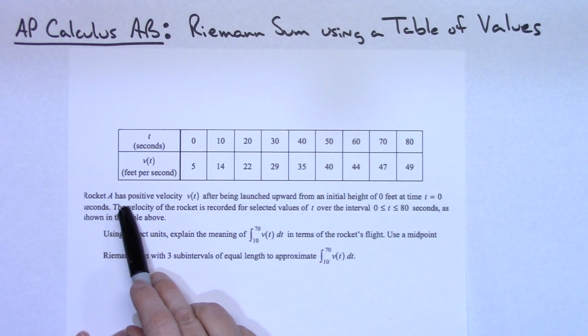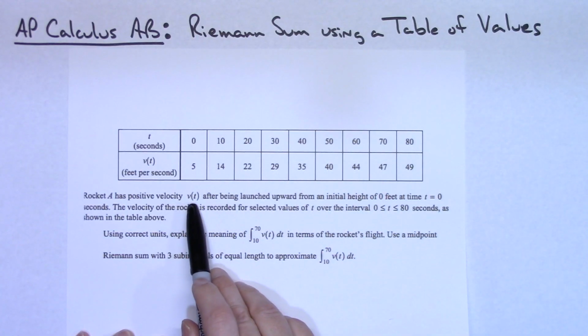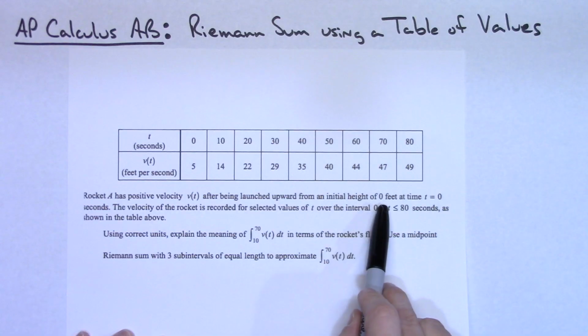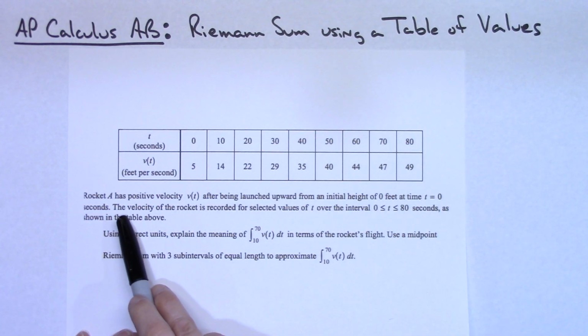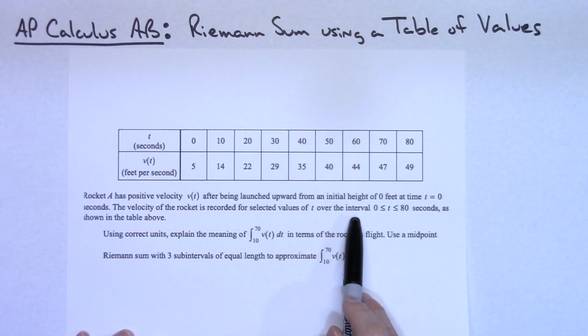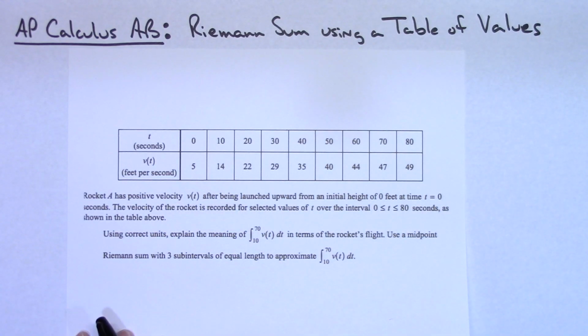In this question, I've got this table. It says that rocket A has a positive velocity v of t. So they've given me values for my velocity function. After being launched upward from an initial height of 0 feet at time t equals 0 seconds, the velocity of the rocket is recorded at selected values of t over the interval from 0 to 80 seconds, as shown in the table.